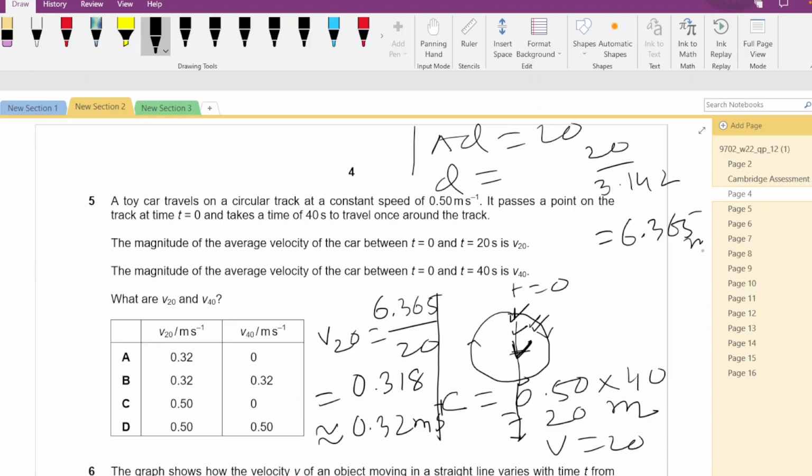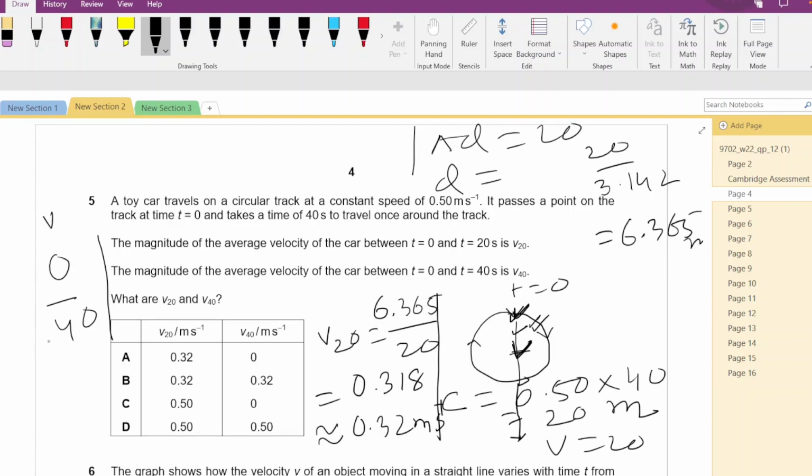This is the value of v20, but consider v40. v40 is here. In this case, the displacement is 0, as I start from here and end here. Displacement is 0 and time is 40.